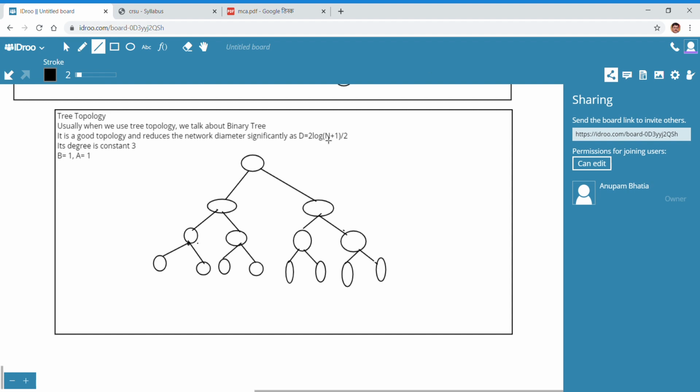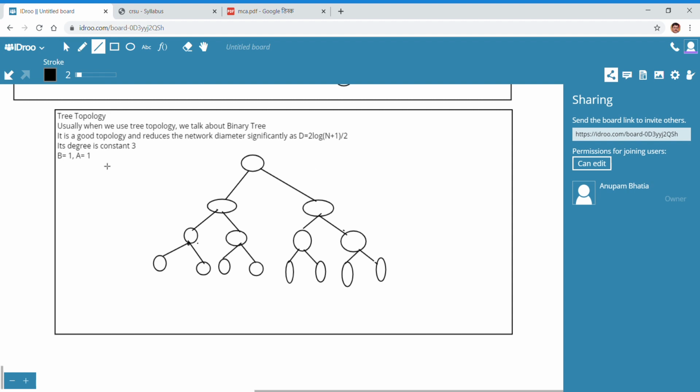See here, the total number of nodes here are 1, 2, 3, 4, 5, 6, 7, 8, 9, 10, 11, 12, 13, 14, 15 nodes. Just put it into 2 log (n plus 1) by 2, and you see here the maximum length is 4. Log (n plus 1) is log 16. You calculate log 16 by 2, then the value will definitely come approximately equal to 4.